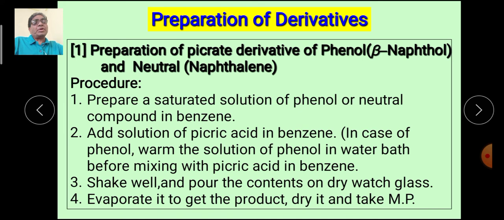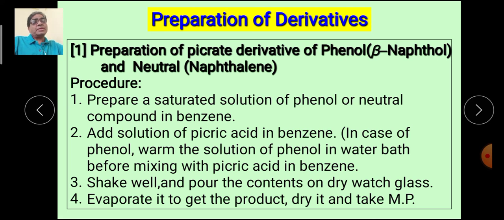For example, we have taken the benzene in a test tube and we are adding phenolic compound, and first it dissolves and after some time the compound remains insoluble, that is, the solution becomes saturated. Such a saturated solution you have to prepare of the phenolic compound and also of the neutral compound, where you are going to prepare the derivative of neutral compound.